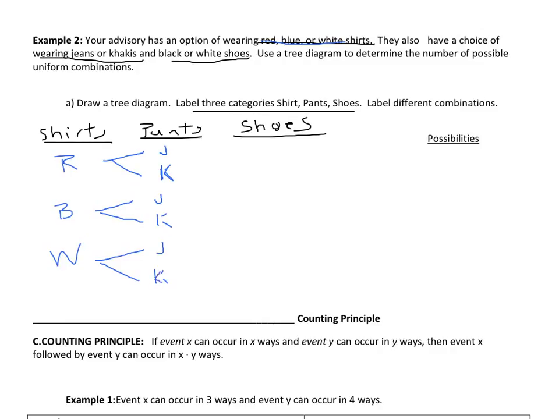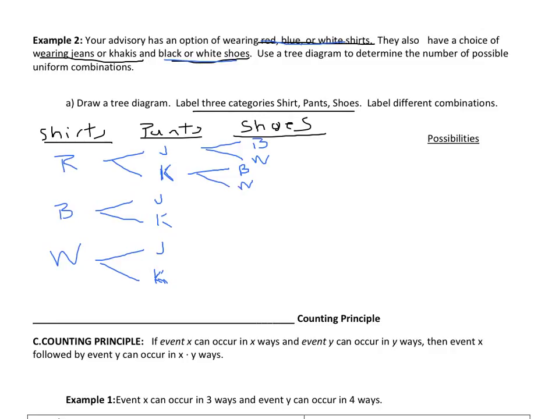Because no matter what shirt we pick, we still are going to have the same pant choices, so jeans or khakis. Now, if we pick shoes, we have black or white shoes. So that means if we pick a red shirt and jeans, we're going to pick between black and white shoes. If we pick a red shirt and khakis, we're going to choose between black and white shoes.